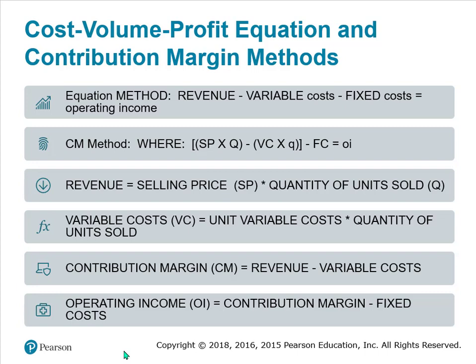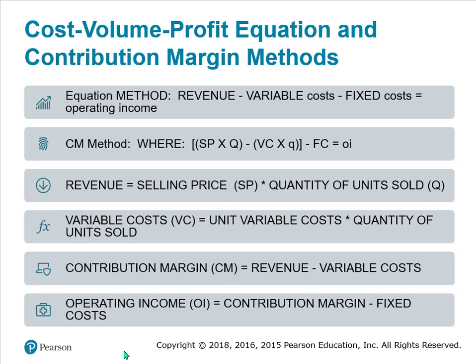And just a word of caution: if you decide that you like the equation method the best and you really don't want to memorize those formulas, be aware that the multiple choice questions especially can make it so that you have to know the formula to answer the question because of the way the data is given.